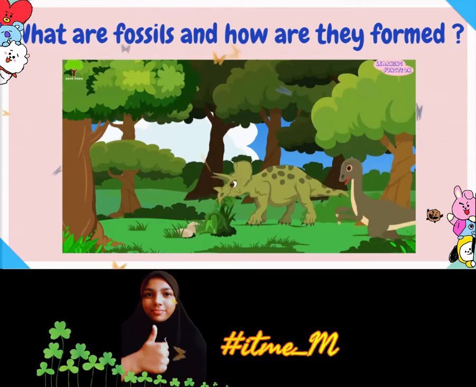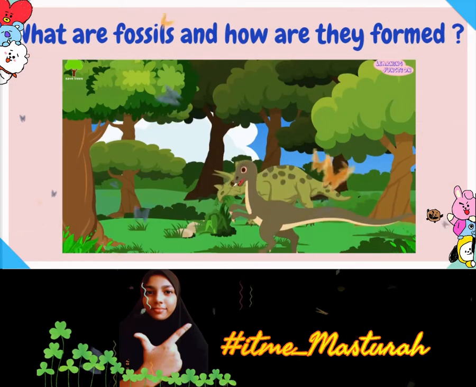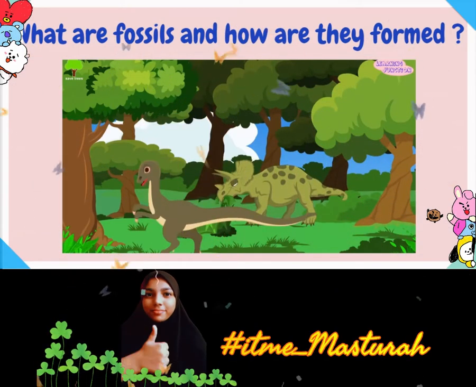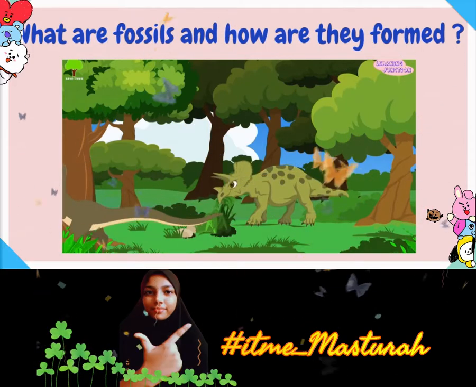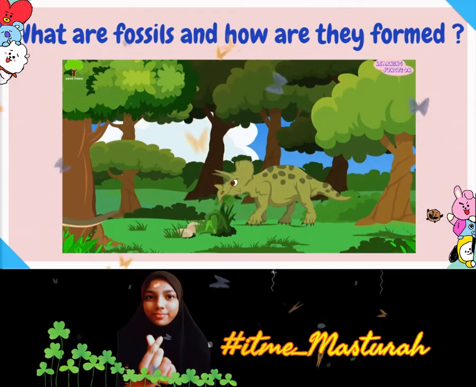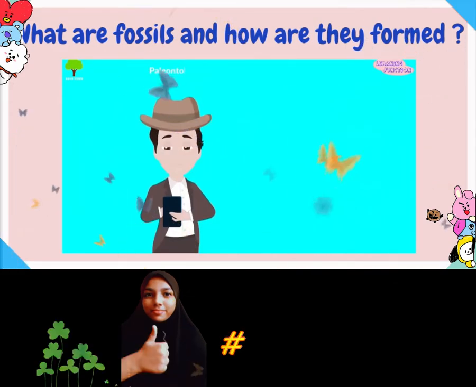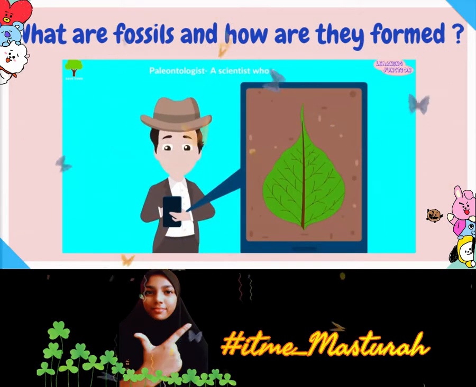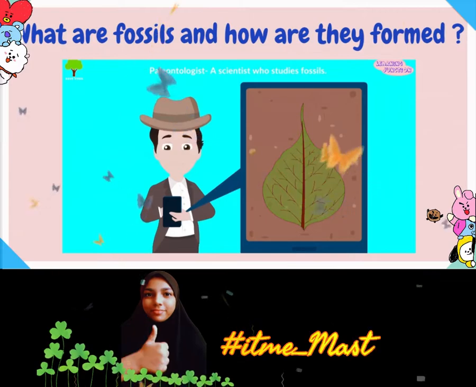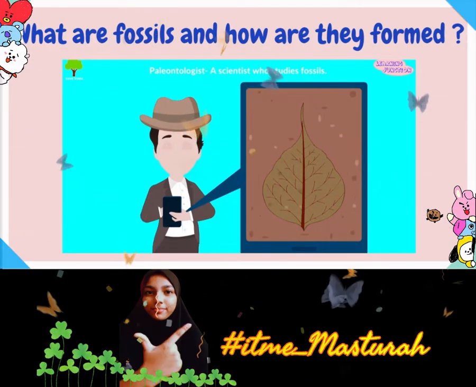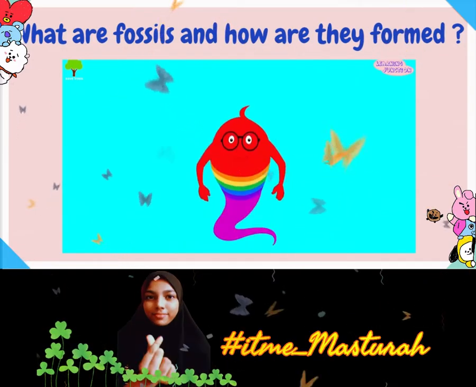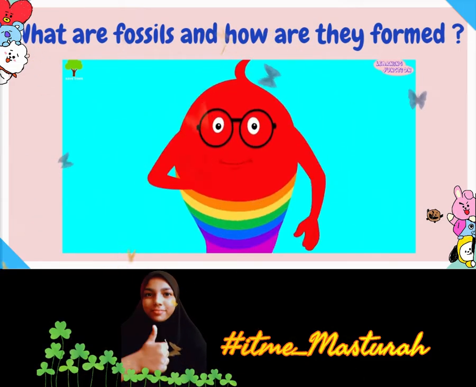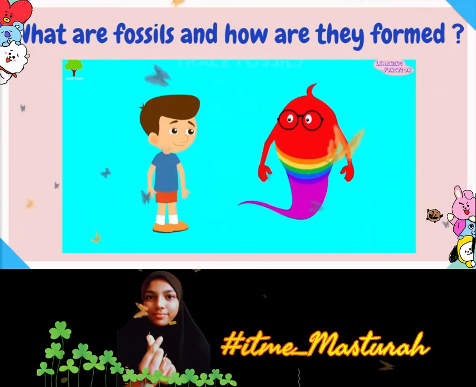Fossils are very important for us if we want to know what happened before us or before our time. The scientists who specialize in studying fossils are called paleontologists. Let's learn about types of fossils.